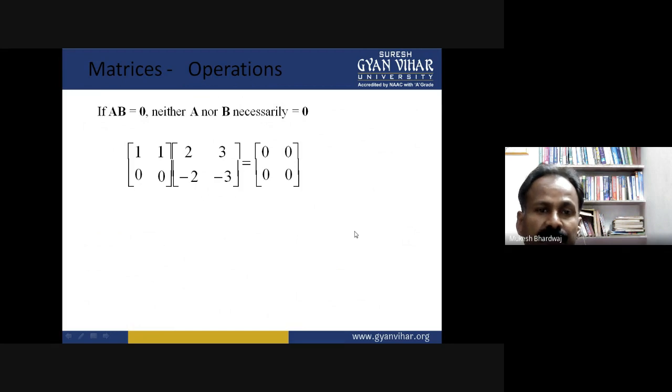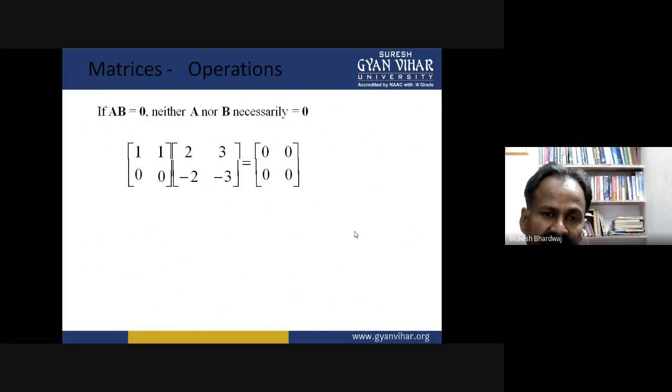If AB is equal to 0, neither A nor B is necessarily equal to 0. For matrix A, the elements are 1, 1, 0, 0. For matrix B, the elements are 2, 3, minus 2, minus 3. When you perform the matrix multiplication procedure, row by column, it comes out to be 0, 0, 0. So the result comes out to be 0.